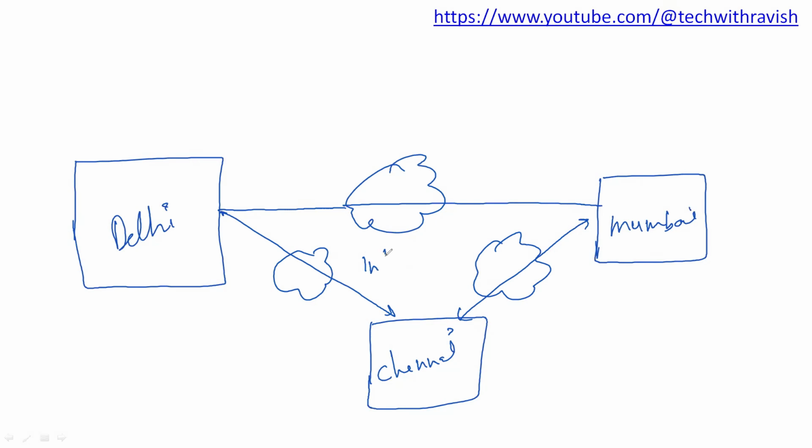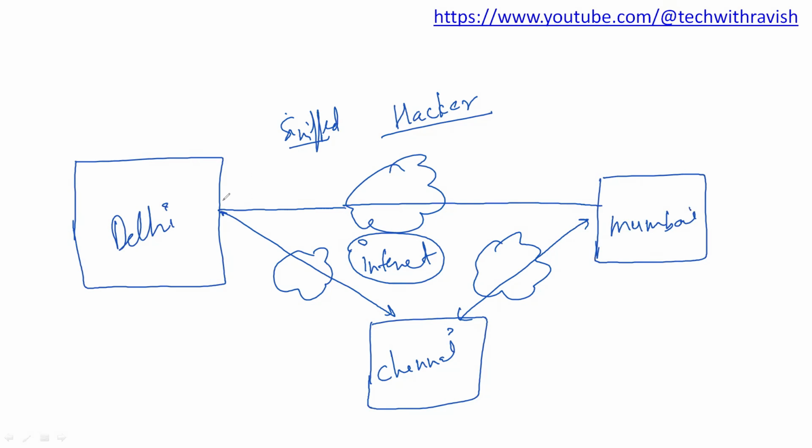Internet. Here, if I forward the data via the internet, what can be the issue? My data can be sniffed or captured by a hacker. You know that there are thousands of hackers over the internet, so my data can be compromised.